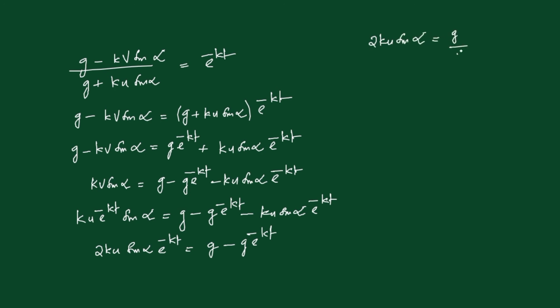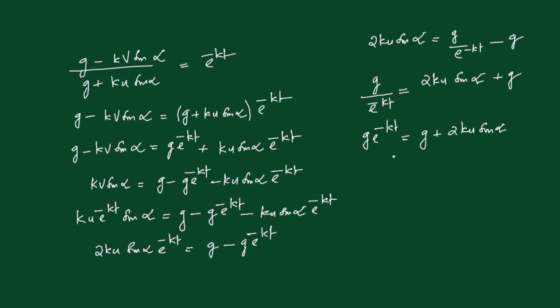Again we can write g divided by e raised to minus kt equal to 2ku sin alpha plus g. Sorry, g e raised to plus kt is equal to g plus 2ku sin alpha.